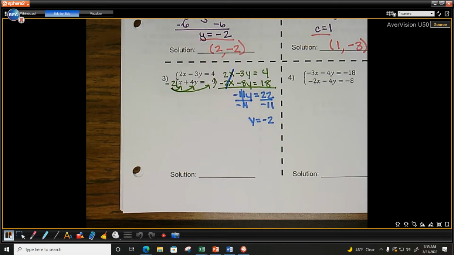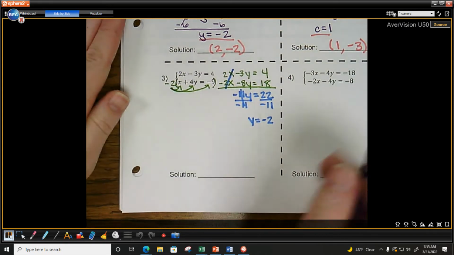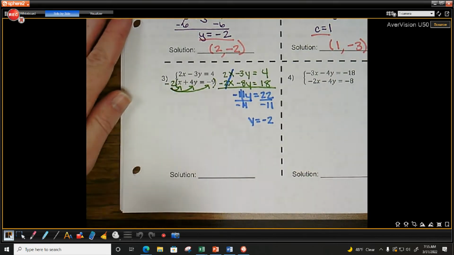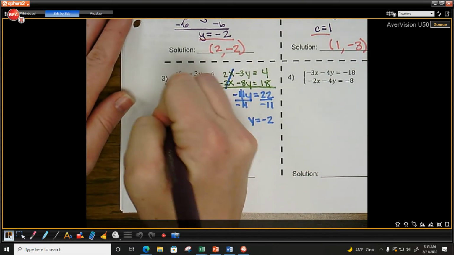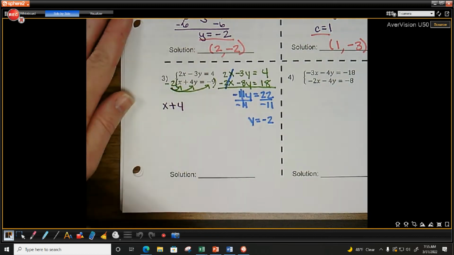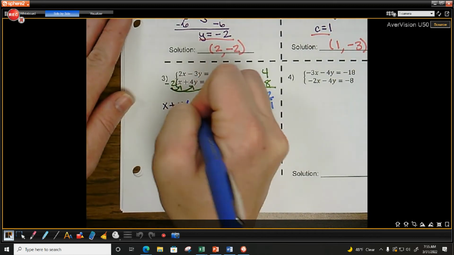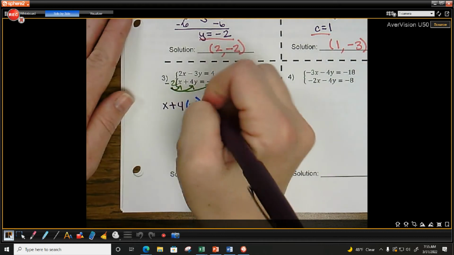Which equation do y'all want to use to find x? Again, it doesn't matter. Personal preference, top or bottom. I would use the bottom because it will be easy when the x doesn't have a coefficient. So x plus 4 times y, which is negative 2, equals negative 9.